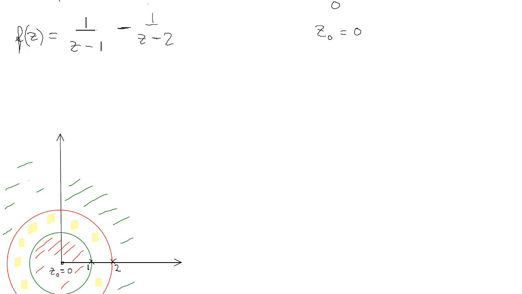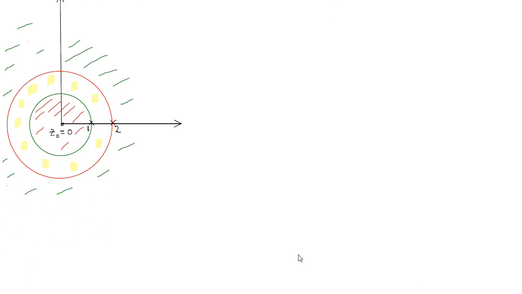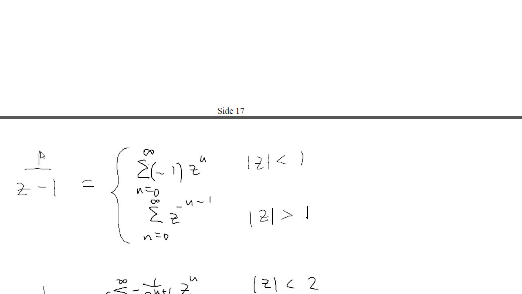We know that we have several Laurent series in different regions. We're going to come back to this later on, but let's now start with the following. We find that this first term, 1 over (z minus 1), is equal to this series when the absolute value of z is less than 1, and this series when the absolute value of z is larger than 1.